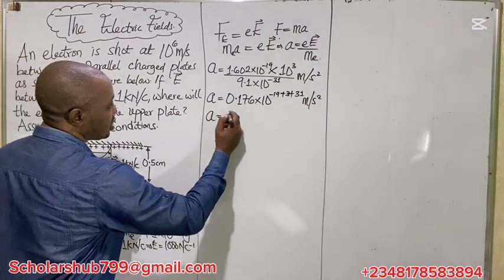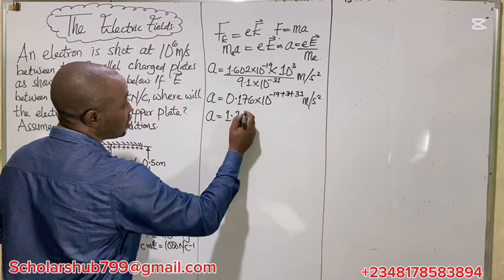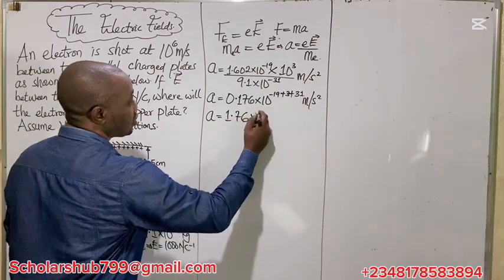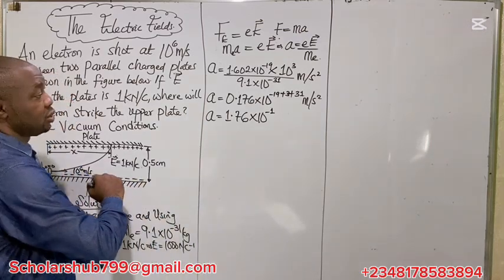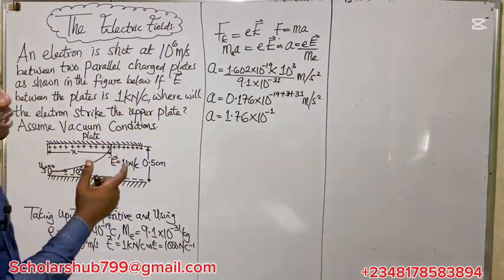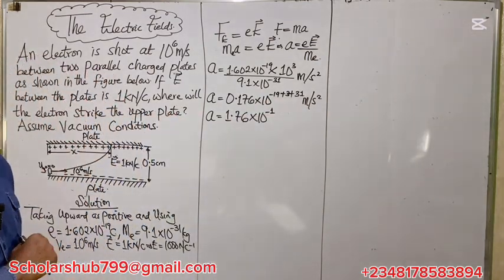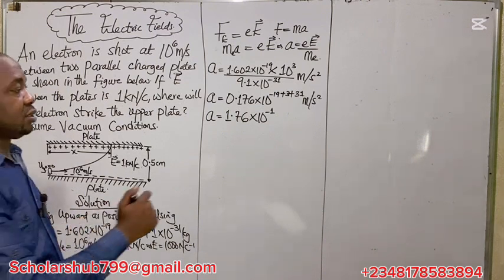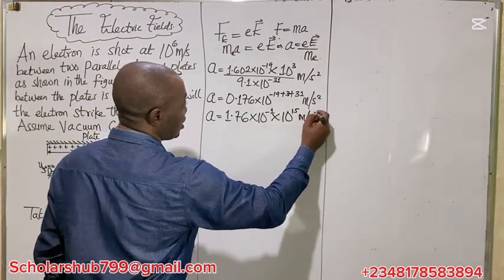Okay, so we can then write this as 1.76, okay, multiplied by 10 raised to the power of negative 1. That is when we move the decimal point. Now 31 plus 3, that will be 34. Now 34 minus 19, that will be 15. Okay, so this will be multiplied by 10 raised to the power of 15 meters per second squared.